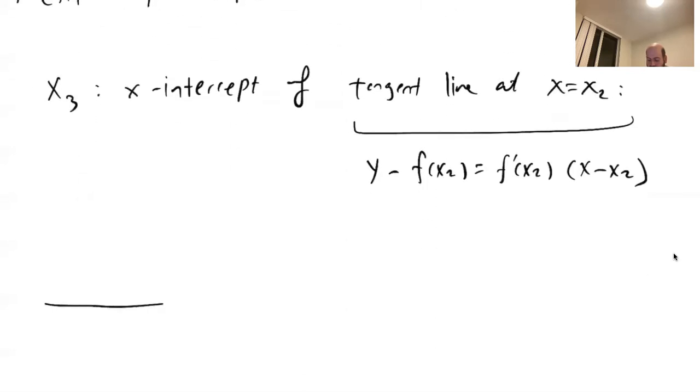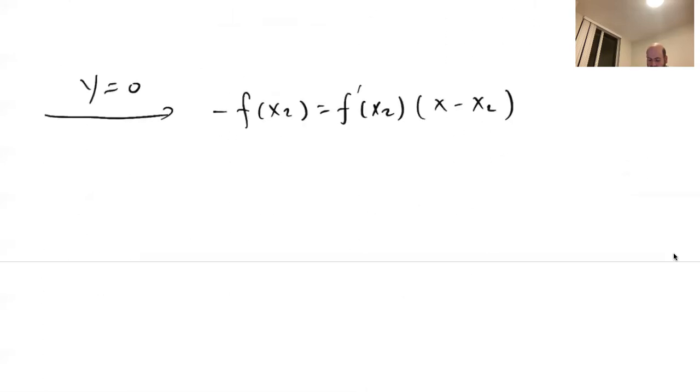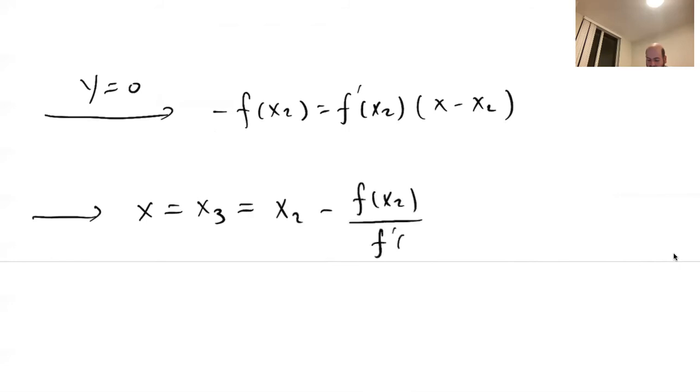And for the x-intercept, I need to replace y with 0. Again, I get minus f of x2 equals f prime of x2 times x minus x2. And a similar calculation to what we did above tells us that x equals x3 equals x2 minus f of x2 divided by f prime of x2.